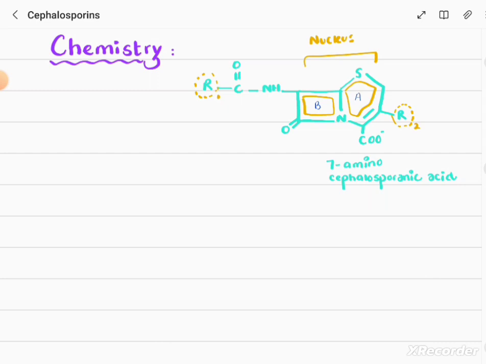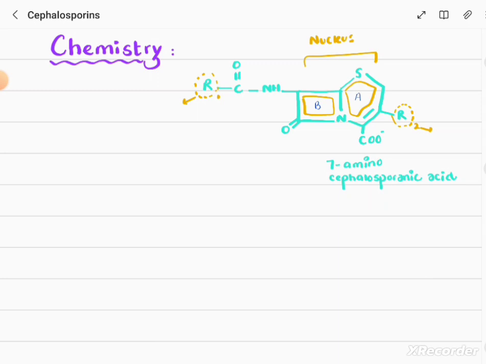This is how all the cephalosporins differ on the basis of these R groups. Apart from these groups, the basic nucleus of a cephalosporin is common, which is described in this figure.